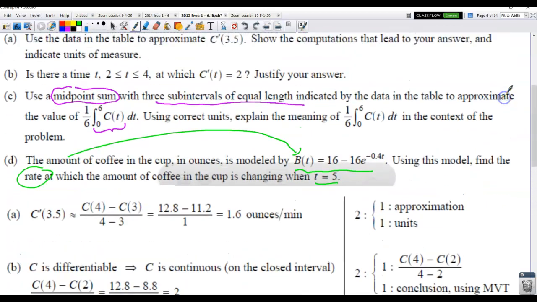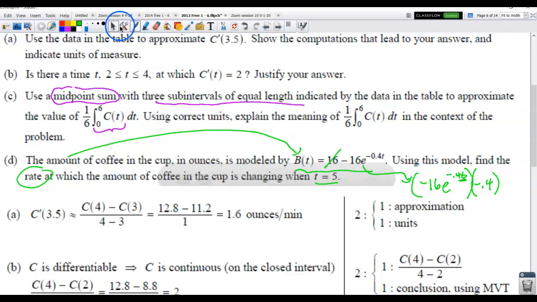So the derivative, let's come back up here. The derivative of 16 is 0, and the derivative of e to a power is e to the power times the derivative of the power. In other words, negative 16 e to the power multiplied by the derivative of the power. So this is the power, and the derivative of negative 0.4t is negative 0.4.